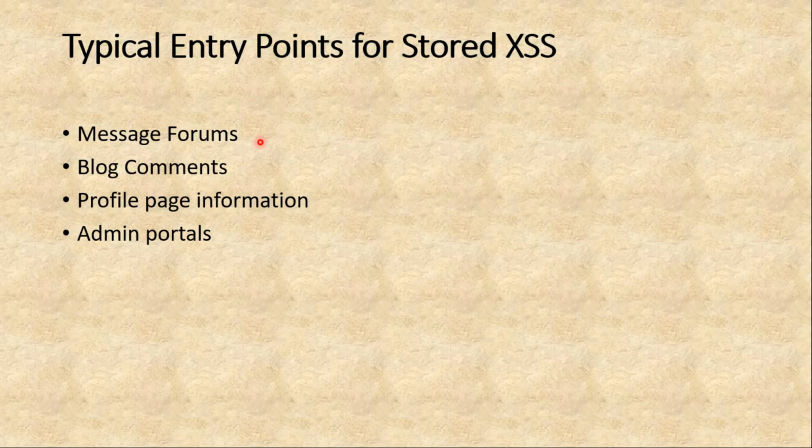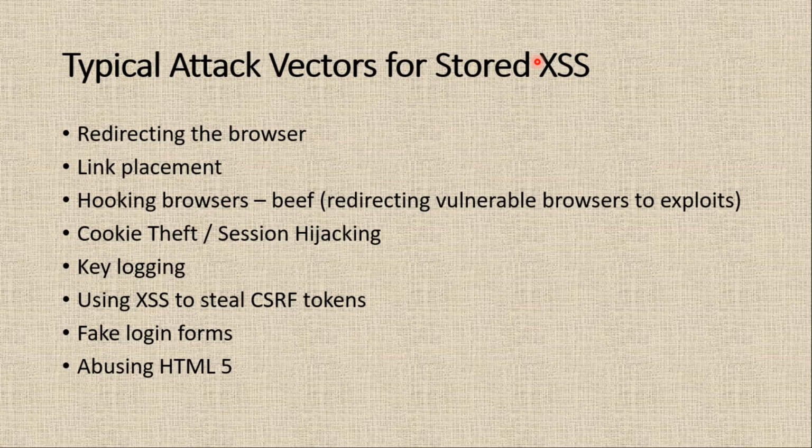Next, there are some places where we can find this stored accesses: message forms, blogs, comments, profile page information, admin portals. So wherever we give input in a website, we can check for this stored accesses.